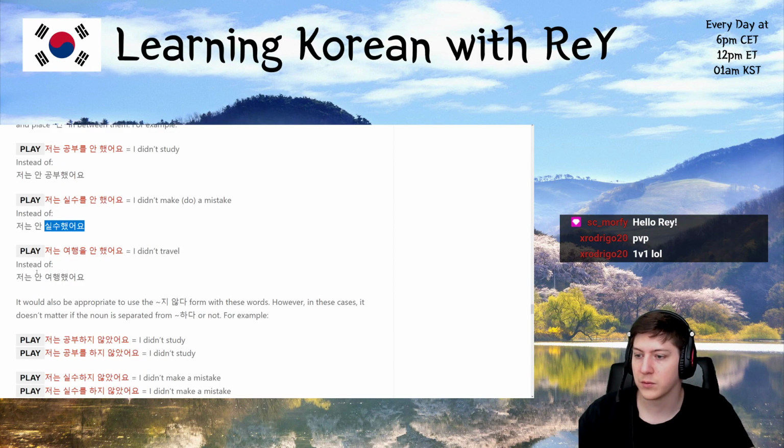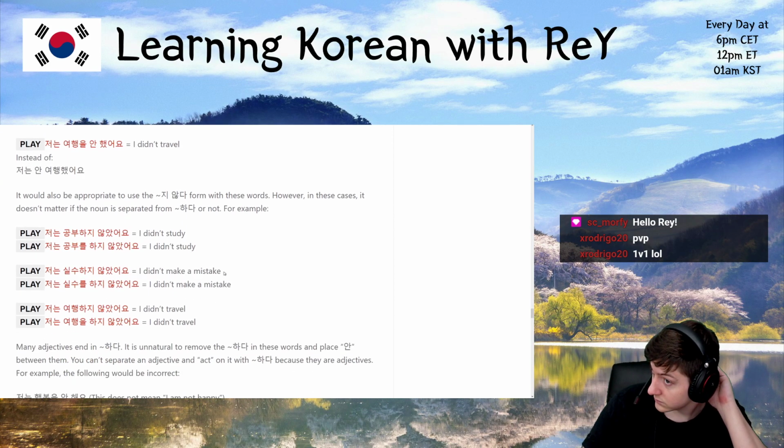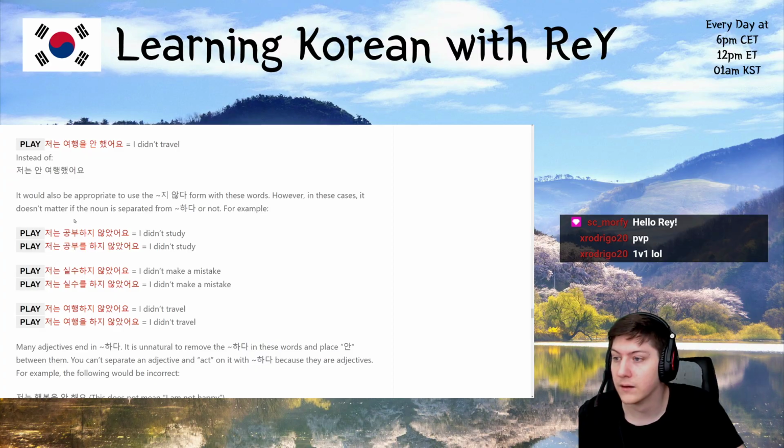It will also be appropriate to use Jianta form with these words. However, in this case, it doesn't matter if the noun is separated from hada or not. So here we have it together.